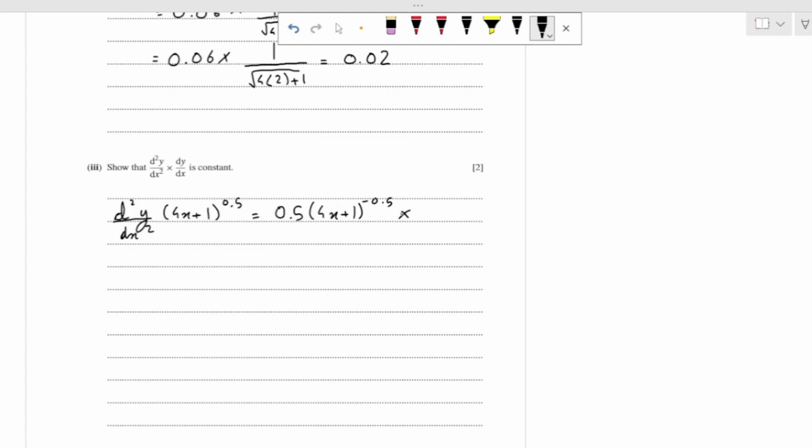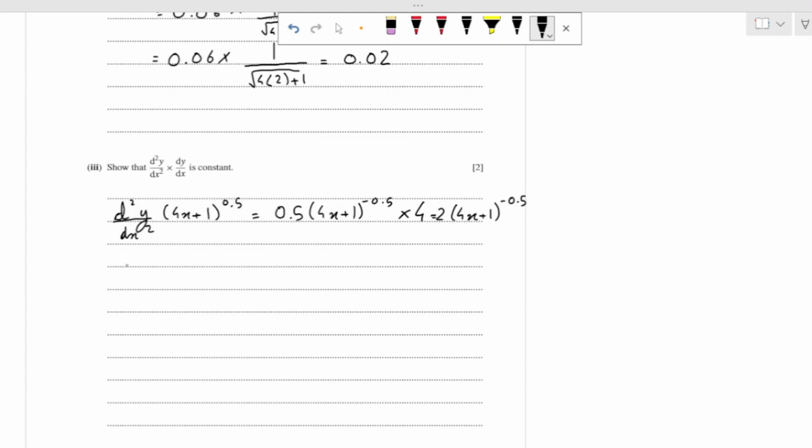We multiply by the inner derivative; the derivative of 4x plus 1 is simply 4. And we find the second derivative as 2 (4x plus 1) raised to the power minus 0.5.